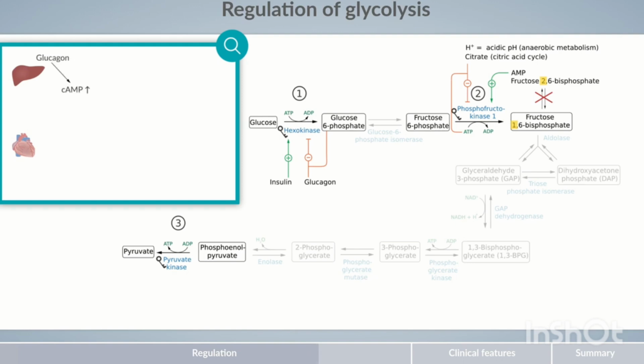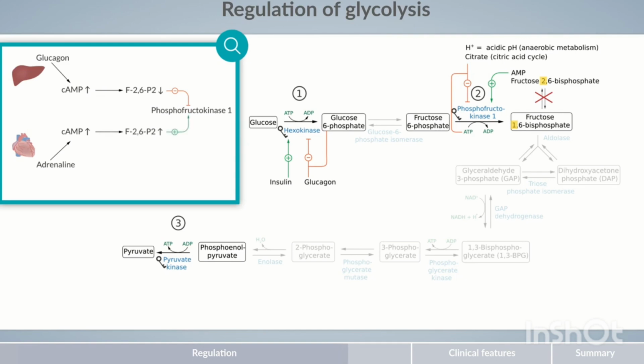This decreases the concentration of fructose 2,6-bisphosphate in the liver and inhibits glycolysis. In the heart, however, increasing cAMP levels can be caused, for example, by the hormone adrenaline, which is released under conditions of increased energy demand. In this case, cAMP results in an increase of fructose 2,6-bisphosphate levels, therefore stimulating glycolysis.